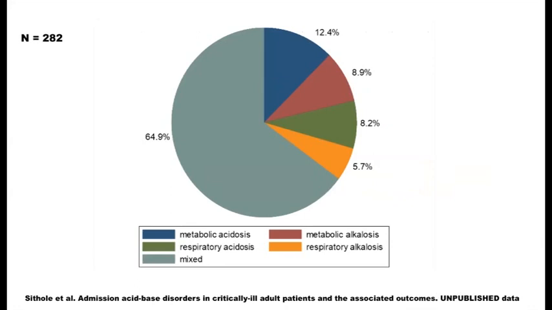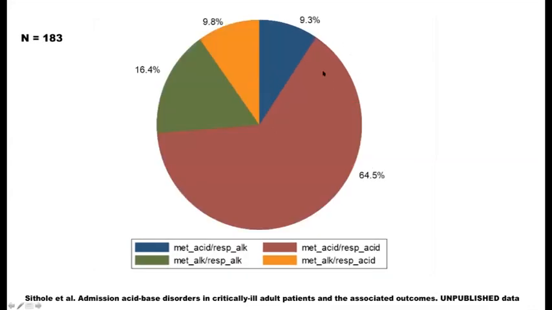And as you can see here, around 9% of patients had a metabolic alkalosis on admission to the ICU. When we looked at the mixed disorders, roughly a quarter of the patients had a metabolic alkalosis in association with another acid-base disorder, as you can see pointed out here.